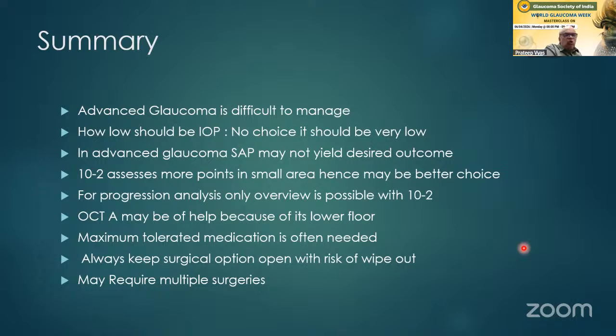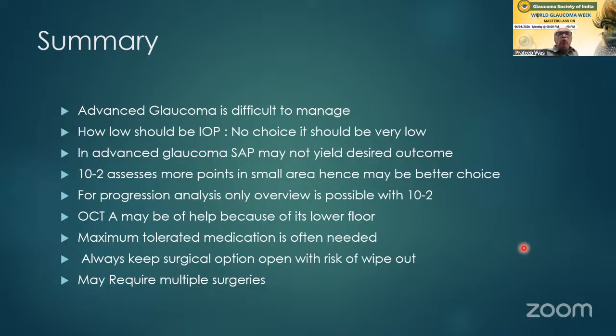So the advanced glaucoma is a condition which is seldom seen in our practice, but it is pretty common, and it's always a big challenge to all the glaucomatologists or a senior glaucomatologist.